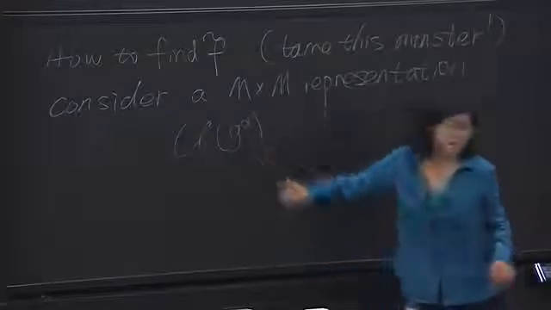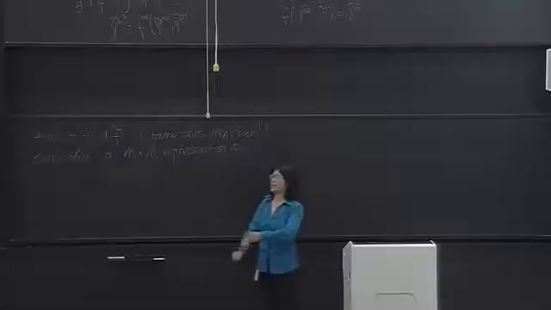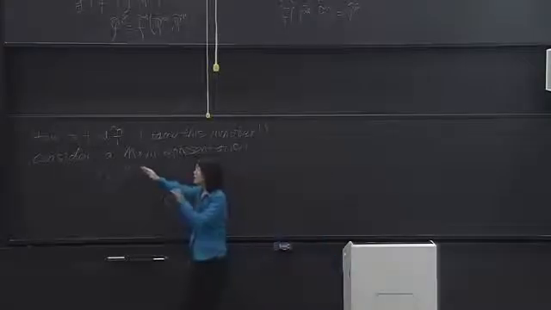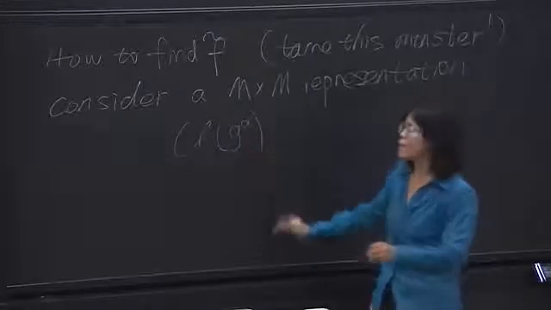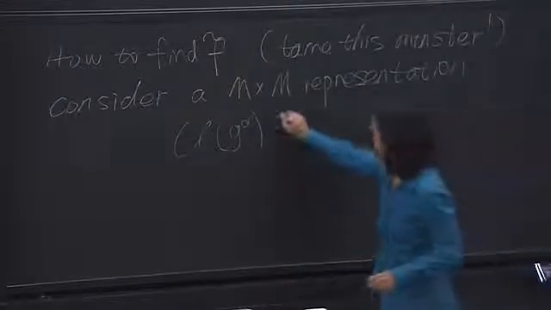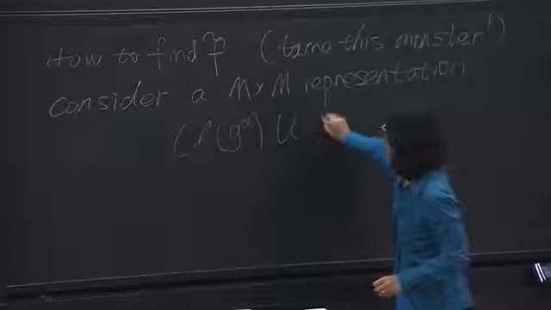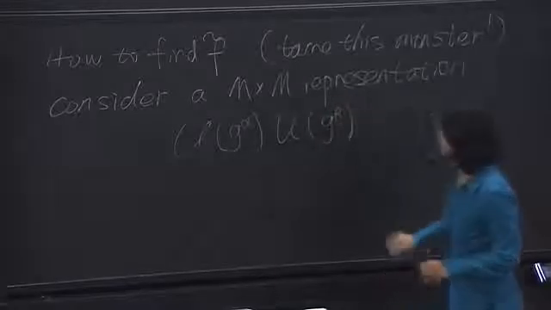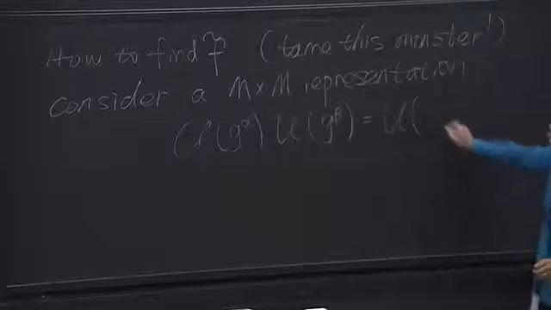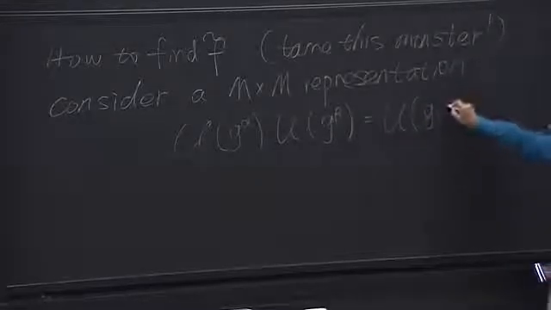Remember, G alpha is just G as a function of phi tilde alpha. So it's one element of the group mapped onto one m by m matrix. And I'm allowed to multiply by another such matrix, which should give me the other matrix.